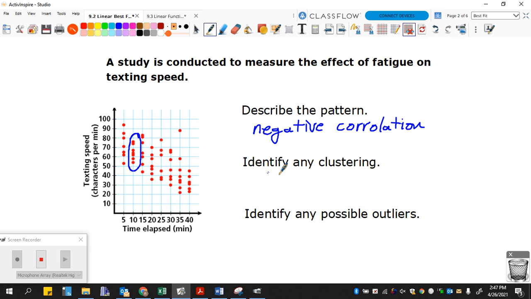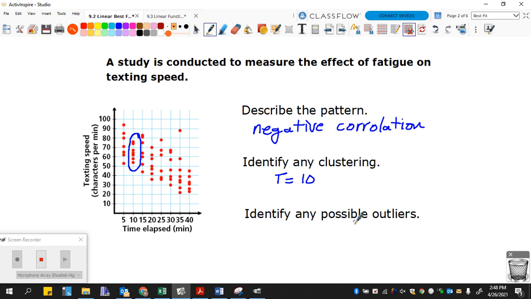So when the time is equal to 10, there's some clustering going on with your texting speed. After about 10 minutes, your texting speed is about the same for all the people.